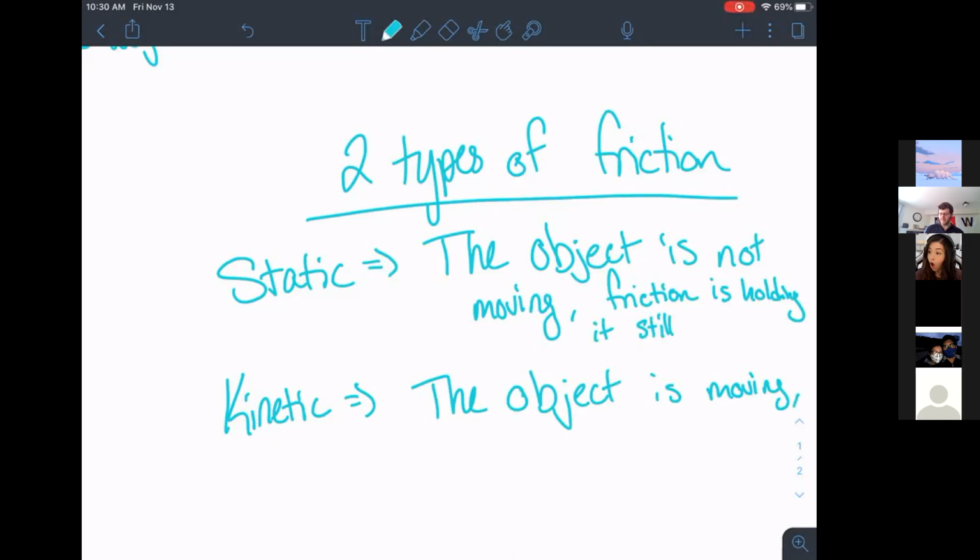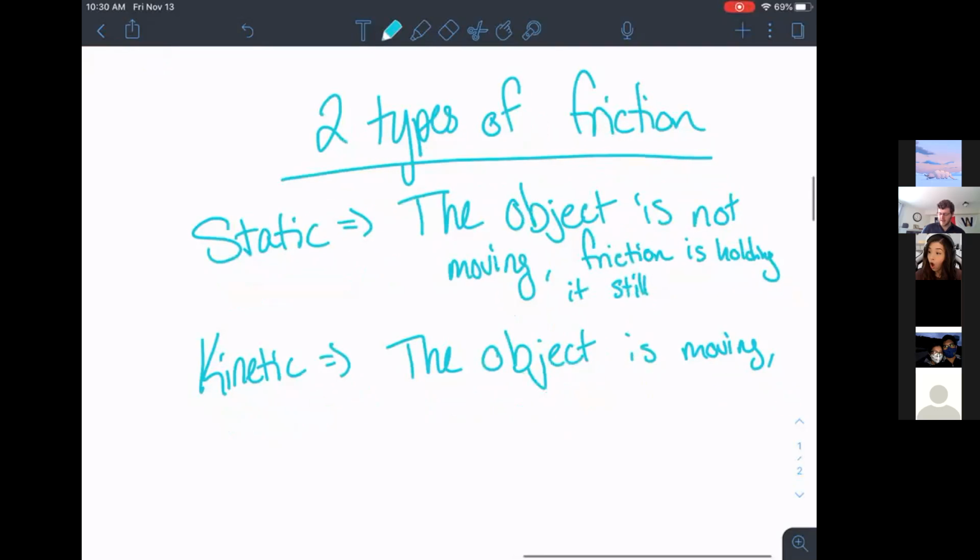And kinetic friction means that the friction is trying to slow it down. And this will come up on the homework, which is why I wanted to bring it up before you guys got to the homework Monday, and you guys got confused on it.